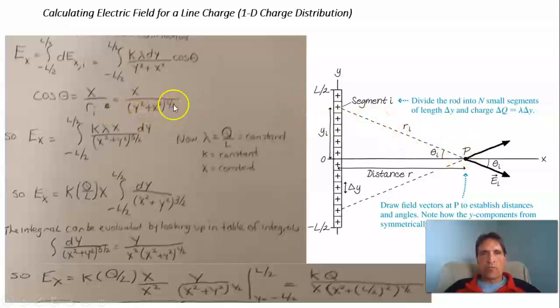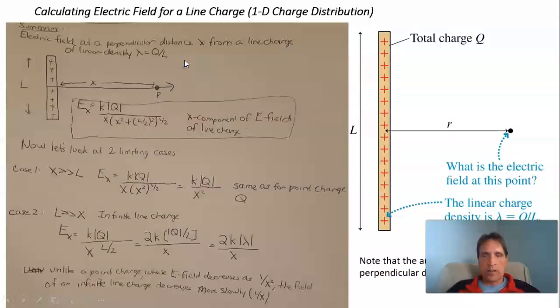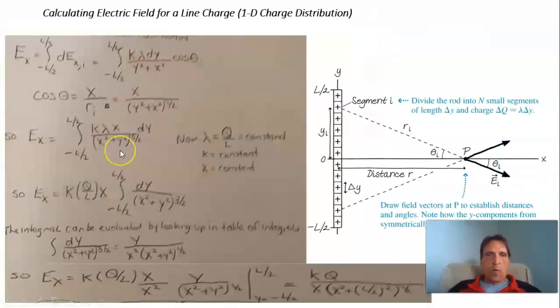So we're going to substitute that in for cosine θ, and now we're able to perform the integration. Okay. And notice that we now have in the denominator x squared plus y squared to the 3/2 power, because it was to the first power, and then when we put in cosine, it's another 1/2 power. So it goes as x squared plus y squared to the 3/2.